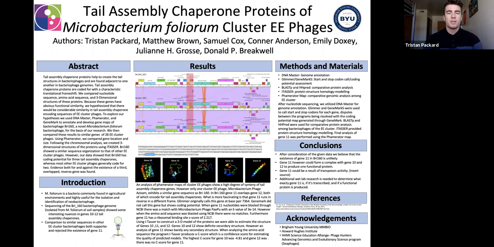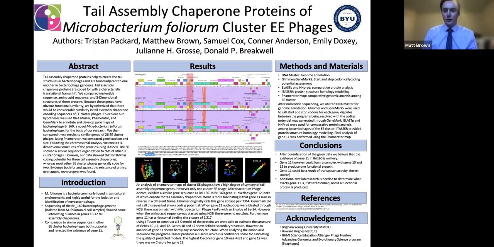There's actually only one other phage that had 4 genes, and that phage name was Azizum. So we put a Phamerator map on our poster, and you can compare the other phages that we found.